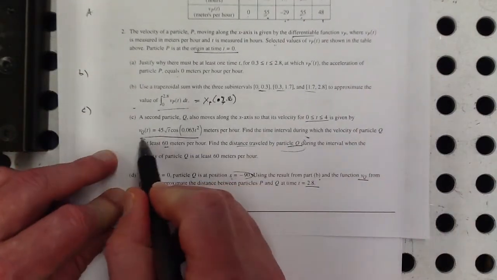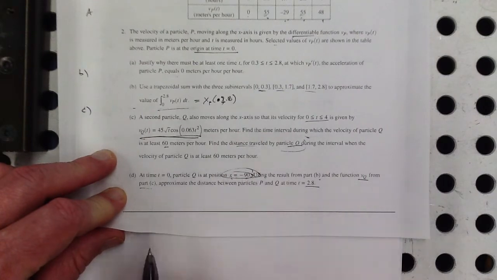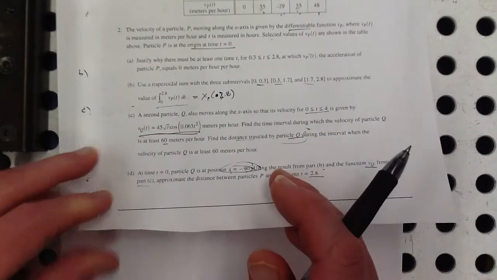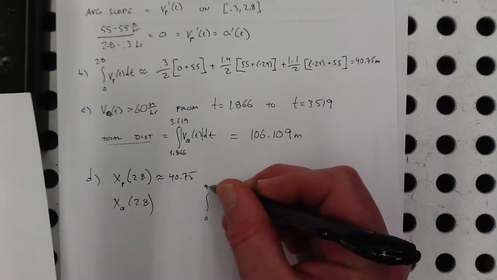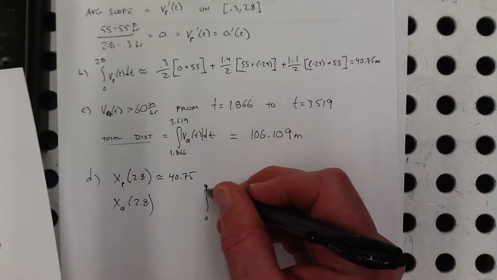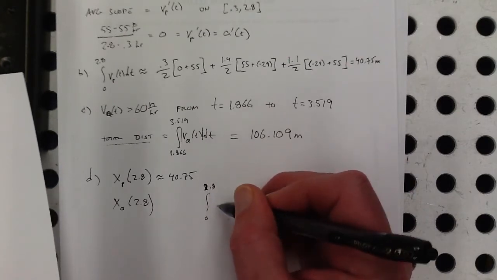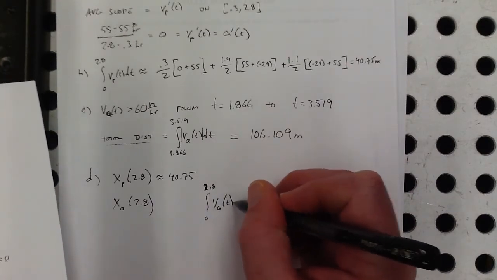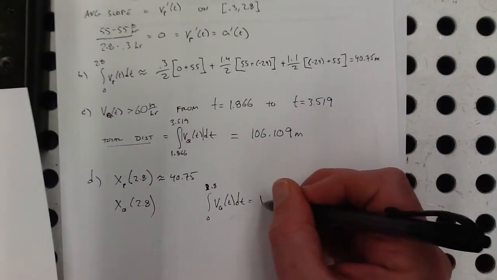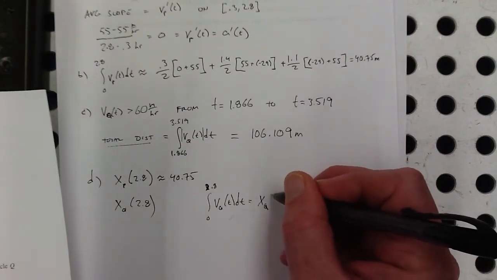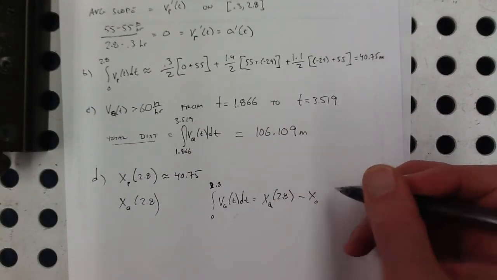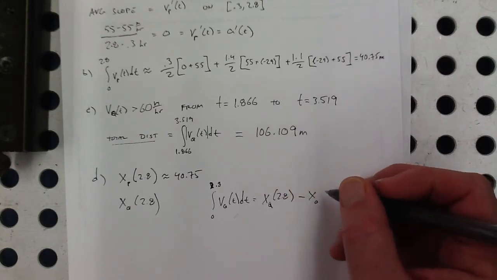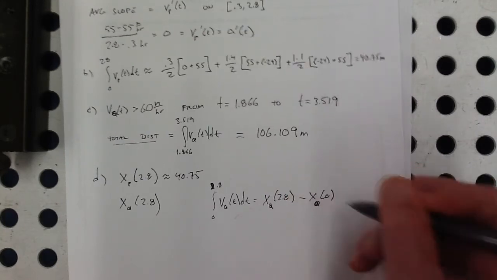And now I want to find the position of particle Q. How do I do that? Well, I've got a velocity function for it here, and I know its initial position, so that's the fundamental theorem of calculus right there. I know that the integral from 0 to time 2.8 of the velocity function is equal to position at 2.8 minus position at 0.